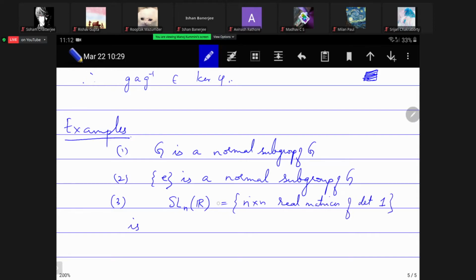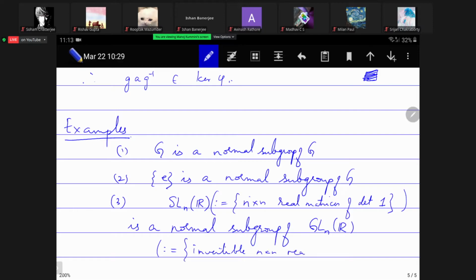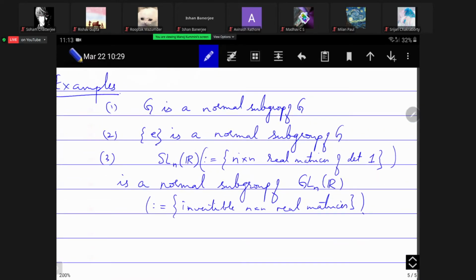It is a normal subgroup of GL_n(R), which is the set of invertible n by n real matrices, since SL_n(R) is the kernel of the determinant map.